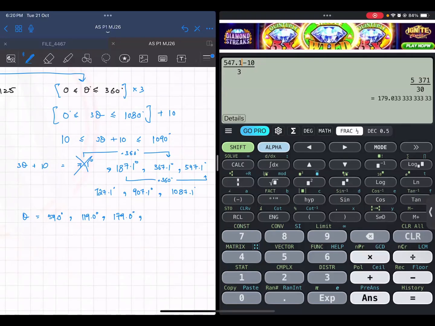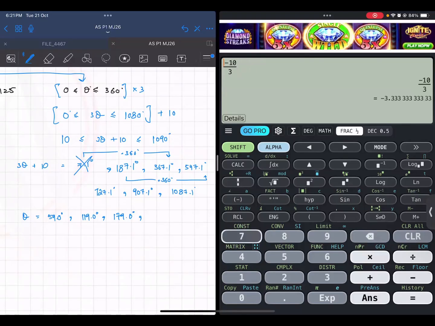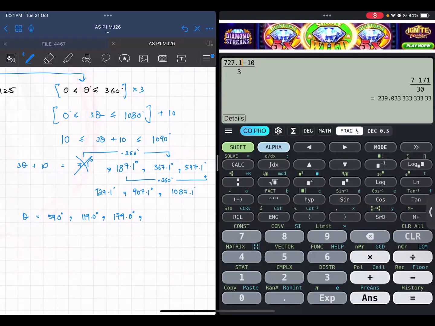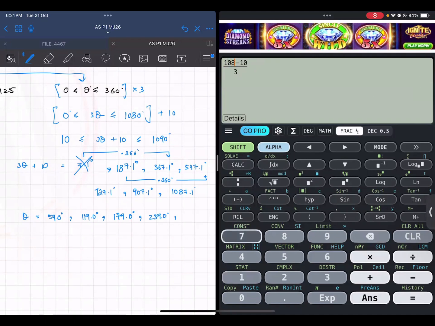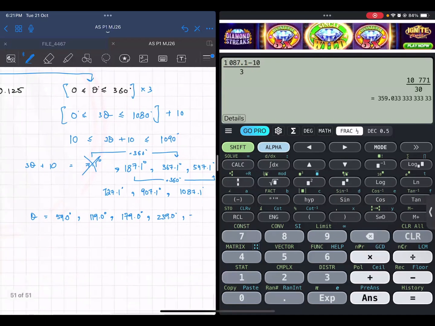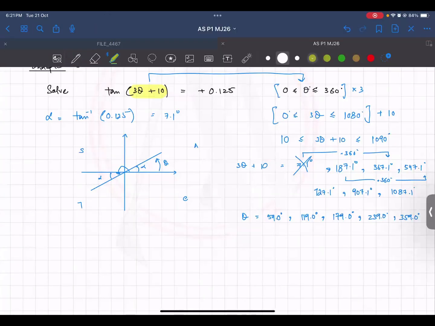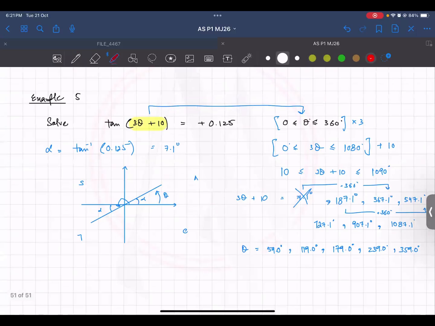And the next one is 727.1. 239.0. The next one is 1087.1. 359.0. So look, the solutions of theta are matching the range of theta.